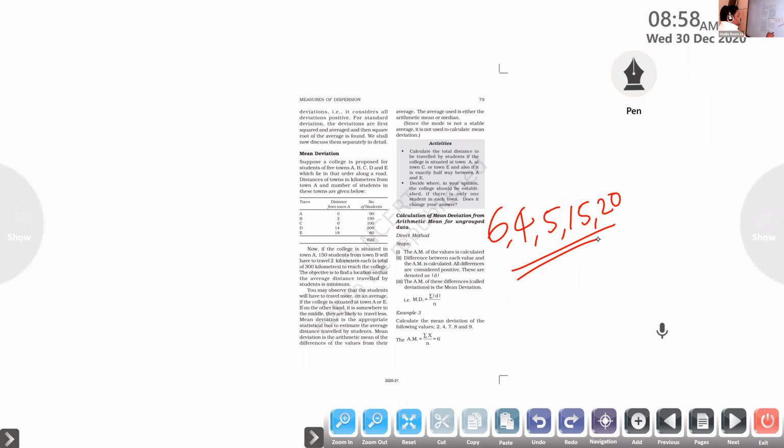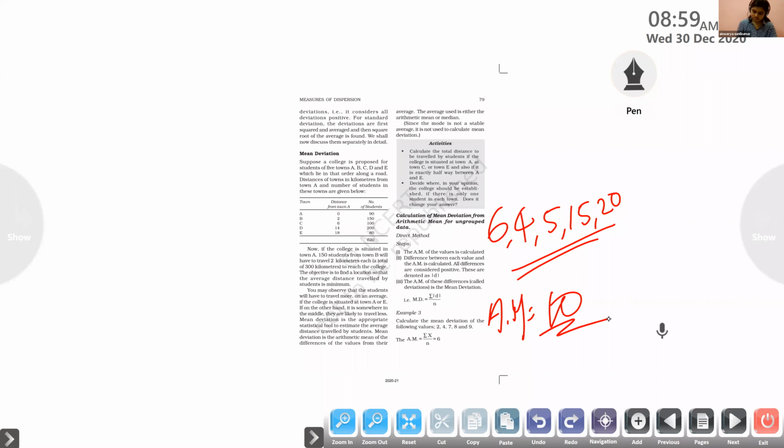First of all, what do you want to do here? Find out the arithmetic mean of this ungrouped data, right? What is the AM here? Tell me. 10. 10, correct.